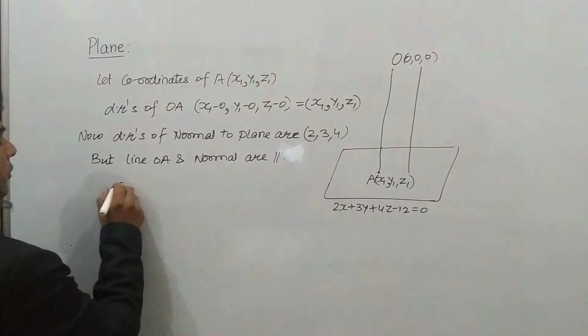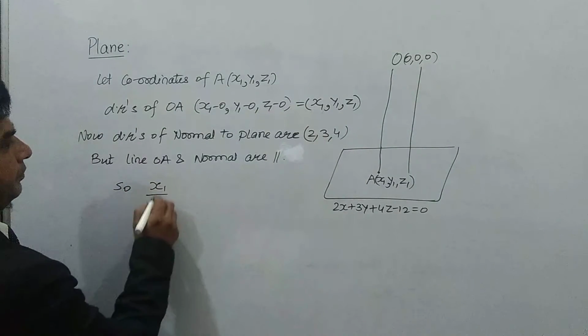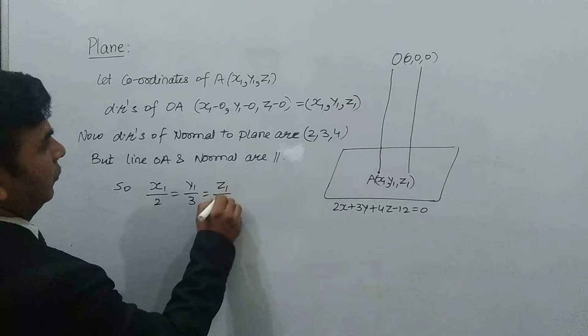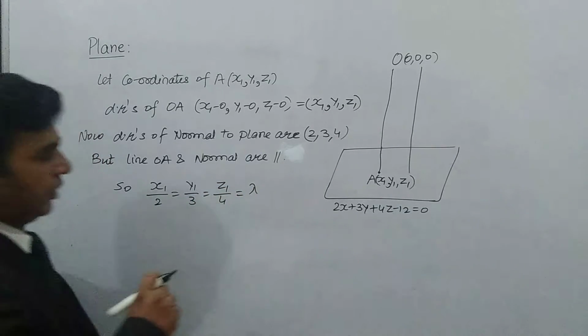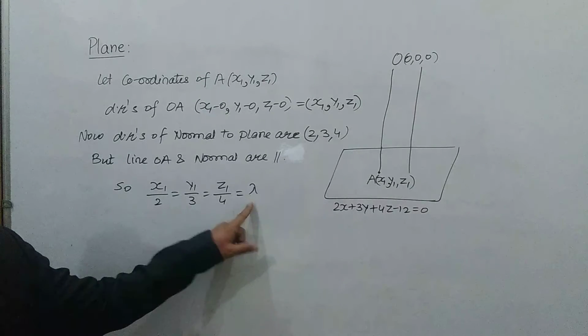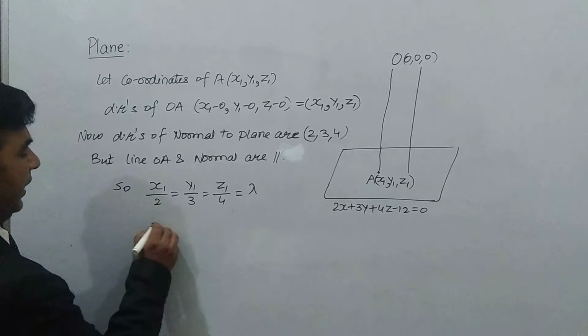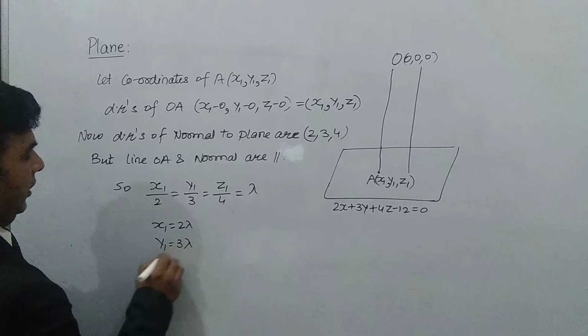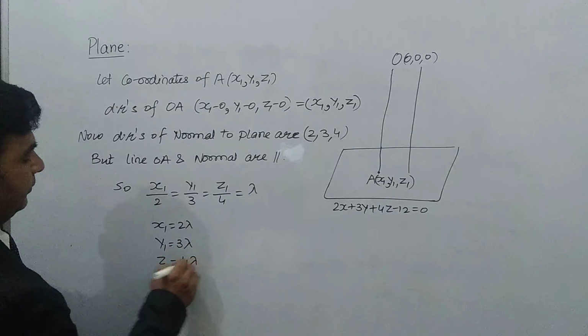The direction ratios are proportional, so x1 upon 2, y1 upon 3 and z1 upon 4 will be equal to some arbitrary constant, lambda. This implies x1 is equal to 2 lambda, y1 is equal to 3 lambda and z1 is equal to 4 lambda.